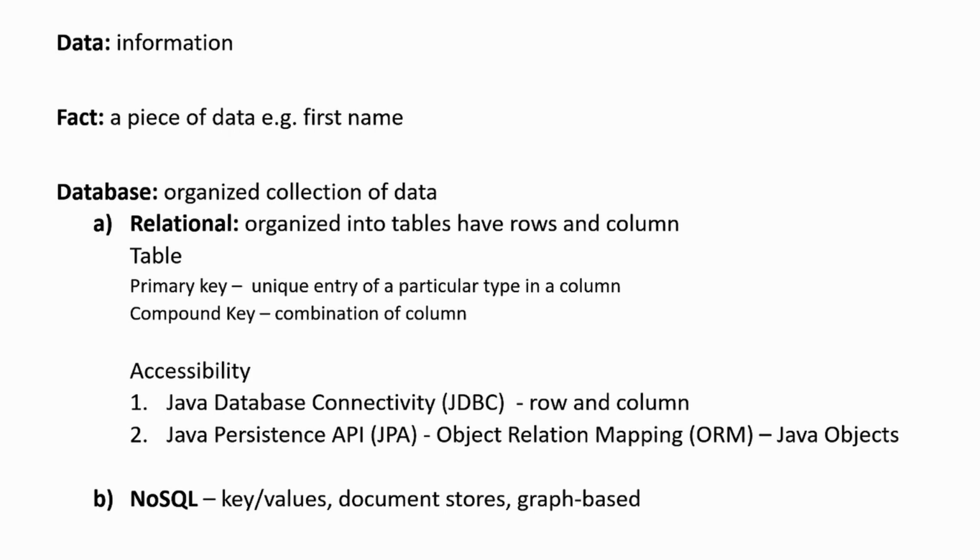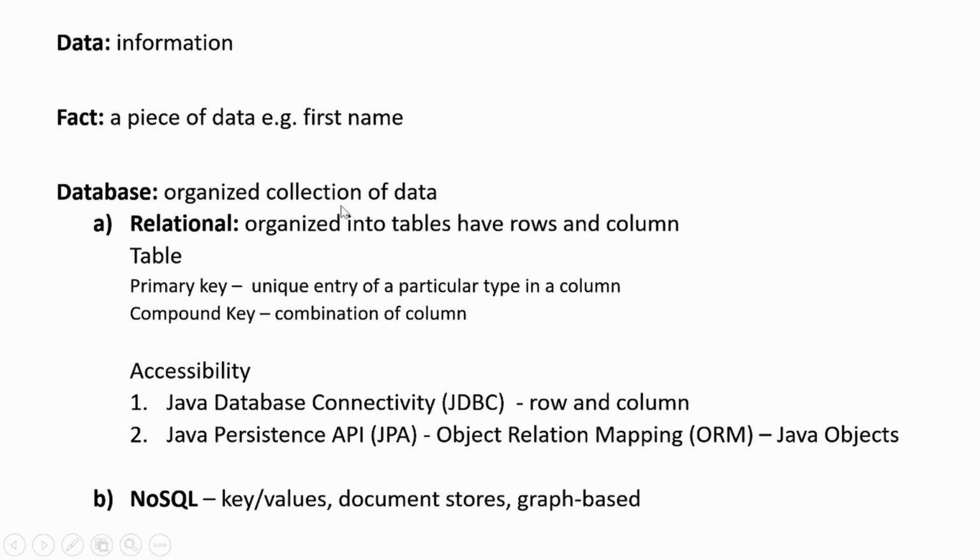There are two types of databases: relational and NoSQL. Relational is organized into tables, which consist of rows and columns. You can think of a table as a spreadsheet.